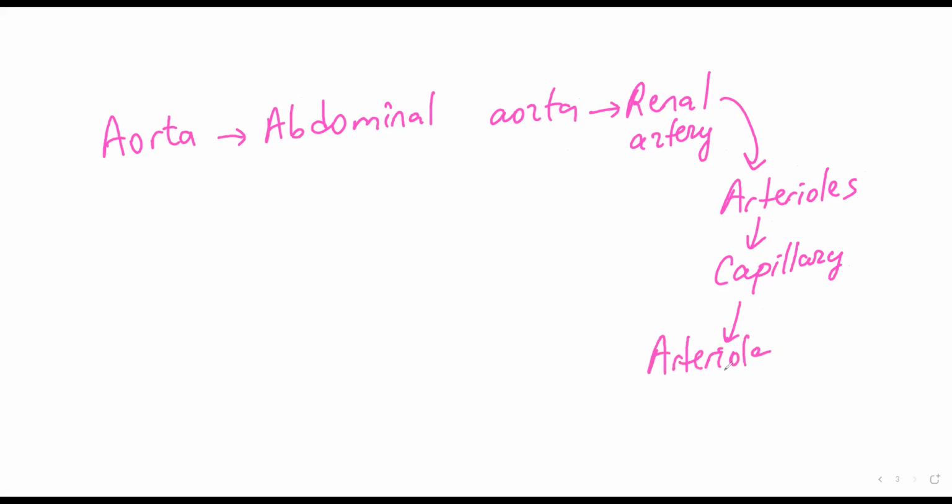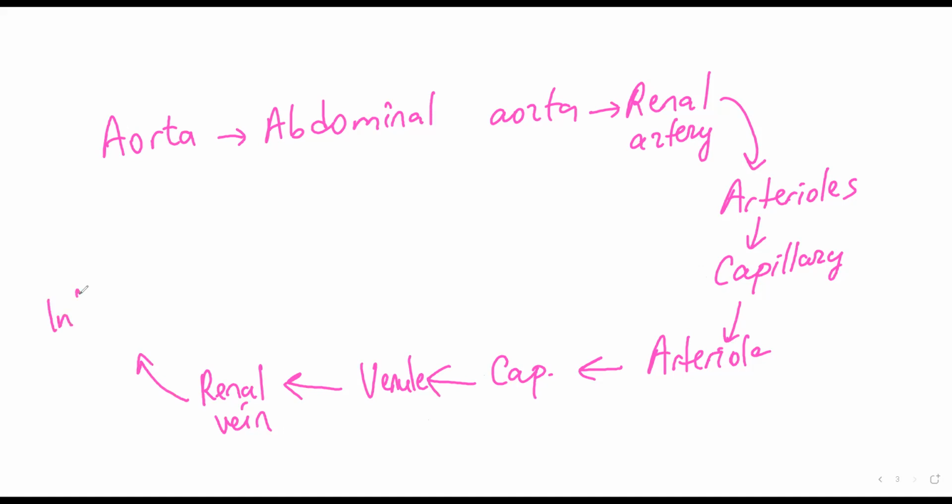Think about the structure of the glomerulus. If you remember, capillaries were between two arterioles. Then these arterioles divide again into capillaries. Then the capillaries make venules. Venules join to the renal vein. The renal vein will join to the inferior vena cava.